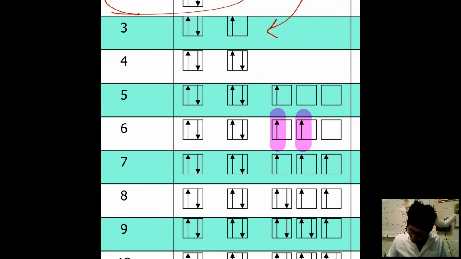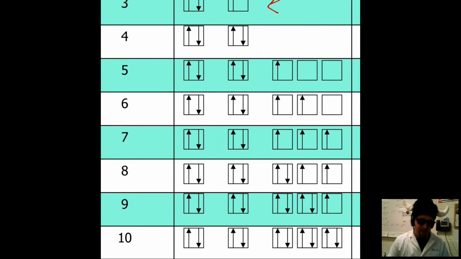So we see that again here, 1, 2, 3, and now that there's 1 in each box, when we get to element number 8, which is oxygen, we can start putting in our second electron. And then we fill that up. So we go all the way to neon, P1, P2, P3, P4, P5, P6. At the end of 2p6, we have neon, which is a noble gas.